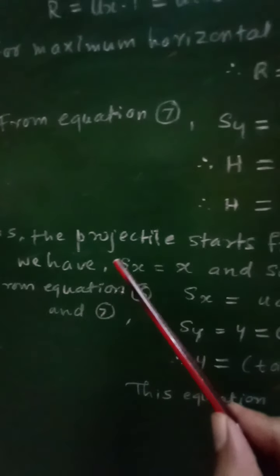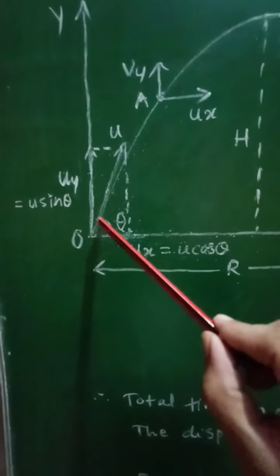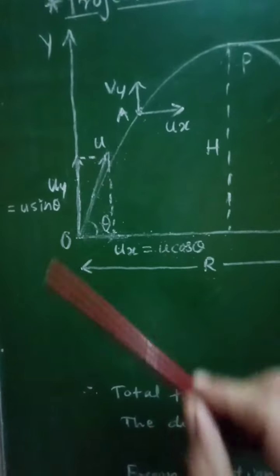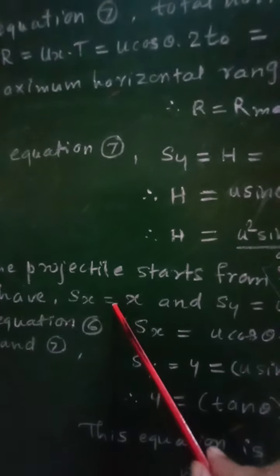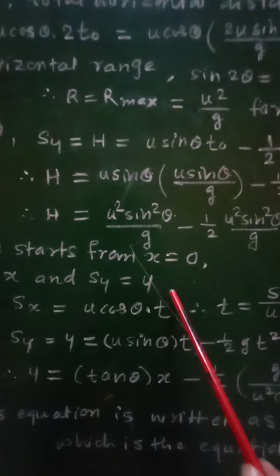Now, as the projectile starts its motion from x equal to 0, initially that projectile is thrown from this point O, that is from x equal to 0, and therefore Sx, that is displacement along x direction, will be equal to x, and Sy, that is displacement along y axis, equal to y.